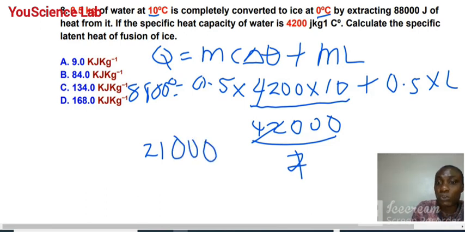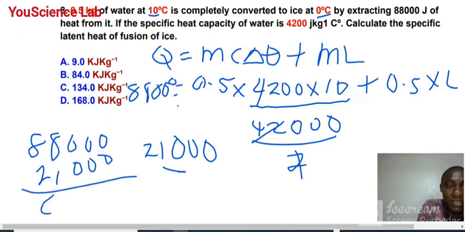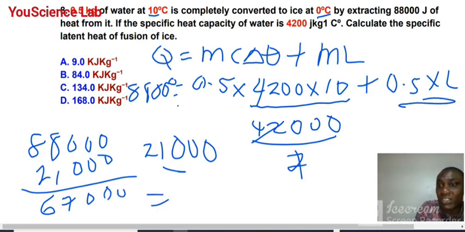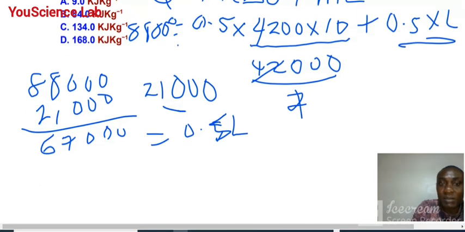So when I divide by 2, this is going to give me 21,000. So you see that here I'm going to subtract this from this. So I have 88,000 minus 21,000. That's going to give me 67,000 is equal to 0.5 L. So the next thing I have to do is to divide by 0.5.